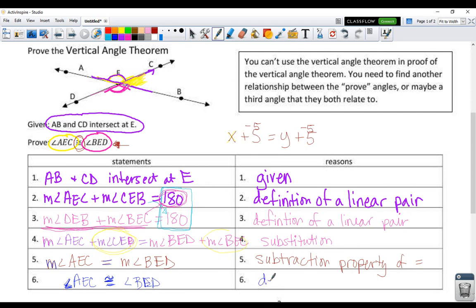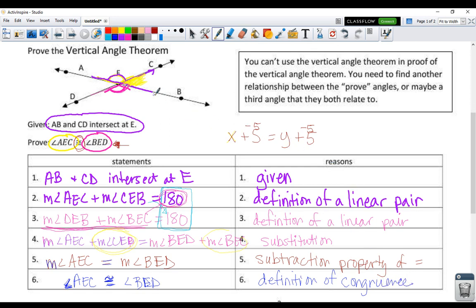That's called the definition of congruence. So I'm just going to write that out rather than shorthanding it. Definition of congruence.